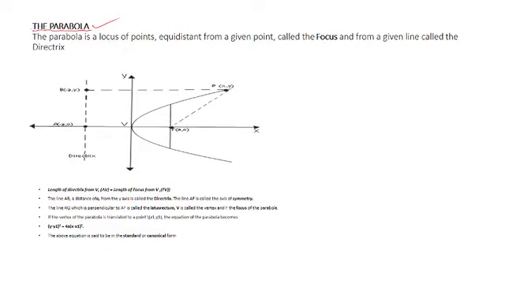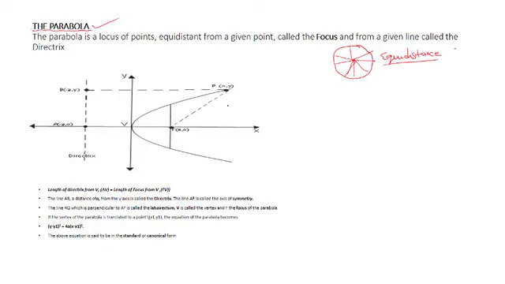Remember when we did that of a circle, we said a circle is a locus of a point equidistant from a fixed point. So in the case of a circle, the distance from the center to each point is equal, so we say it's equidistant.